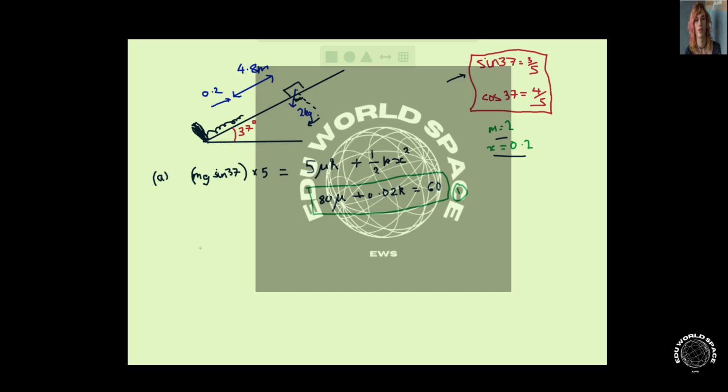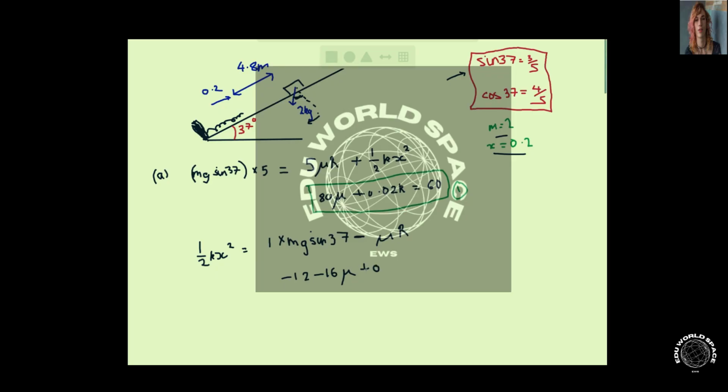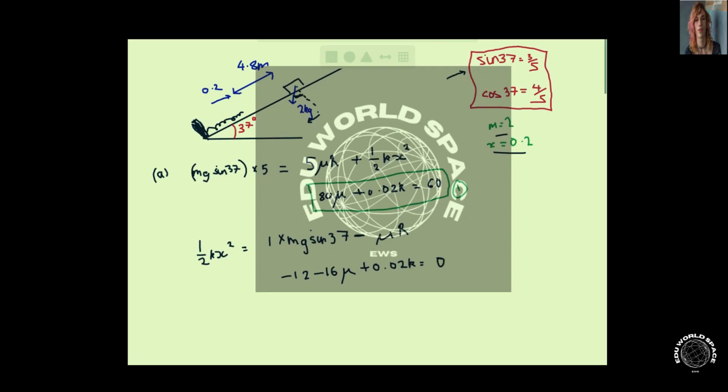So what we can say is that 1/2 kx squared is equal to 1, because now it's travelled 1 meter up the slope, so that's the distance, times mg sine 37 minus, as this work done due to friction is lost energy, so minus mu R. So again, plugging in what we know, we've got an expression that says that minus 12 minus 16 mu plus 0.02k is equal to 0. So this is our second expression.